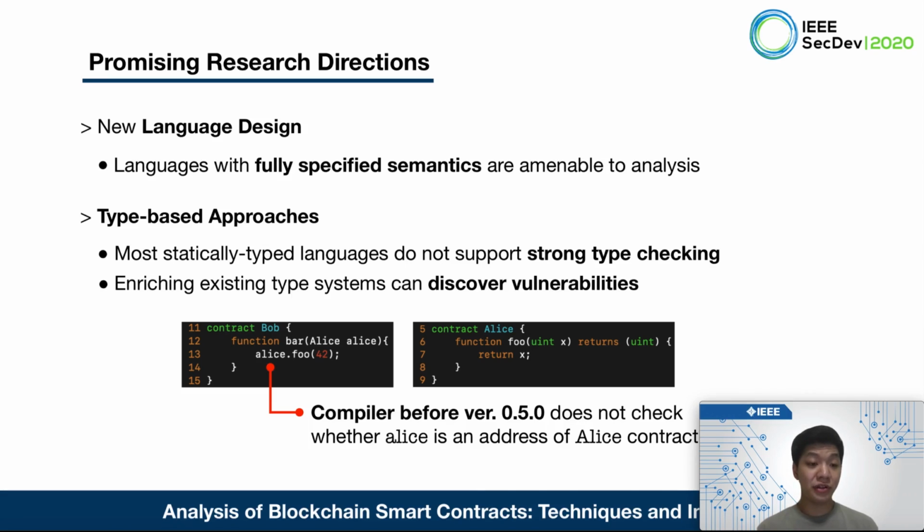So, various scenarios are possible, such as no code execution if the Alice variable is not a contract address, or execution of an arbitrary fallback function if the Alice variable is an address of an arbitrary contract with a fallback function implemented. Therefore, enriching existing type systems can be another promising research direction.